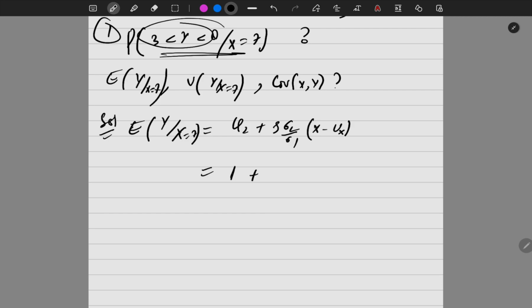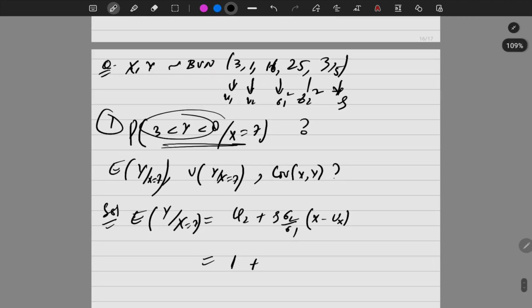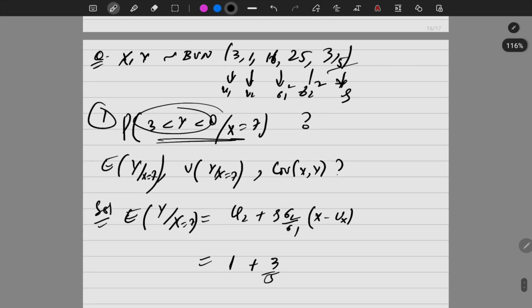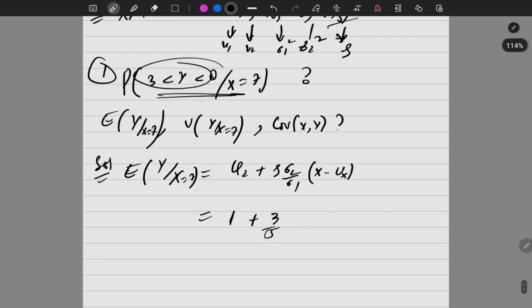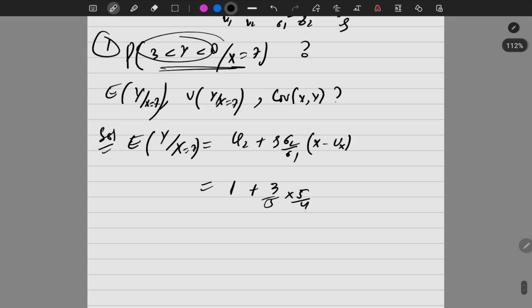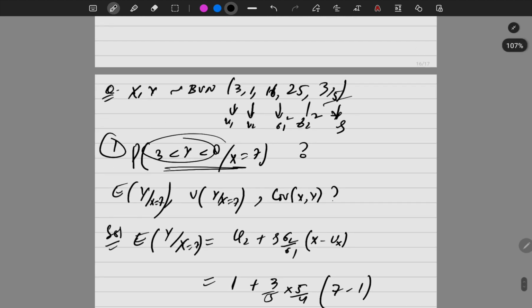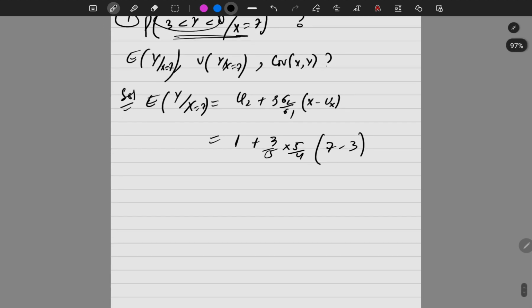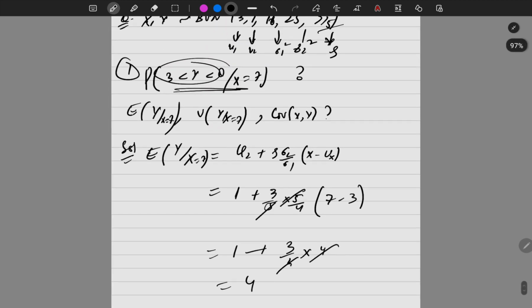Rho is 3 by 5. What is sigma 2? This is sigma square, so sigma 2 will be 5 and sigma 1 will be 4. 7 minus mu 1, which is 3, so 7 minus 3. So this 5 goes, 1 plus 3 by 4 into 4, so this will be 4. So expectation of y given x is equal to 4.